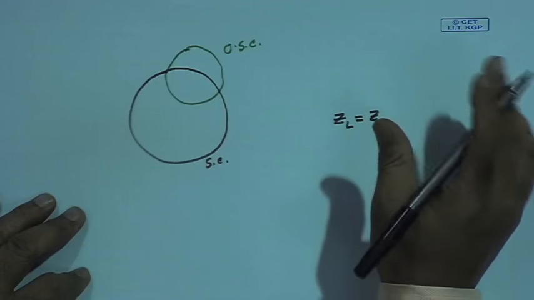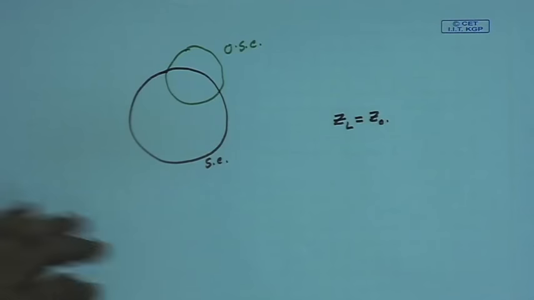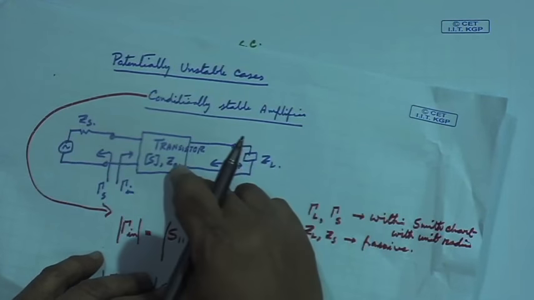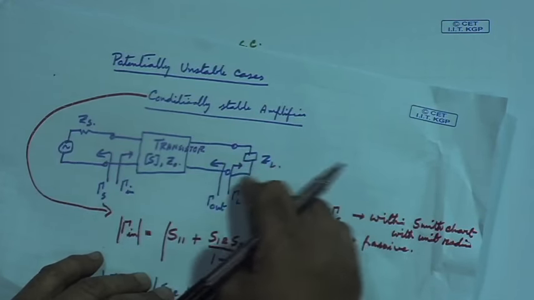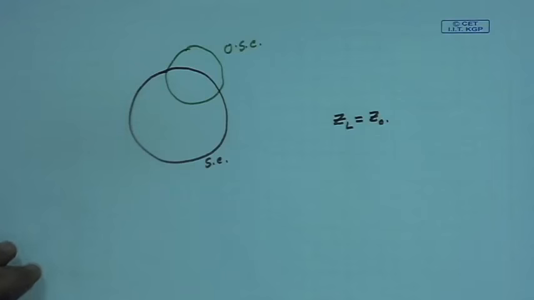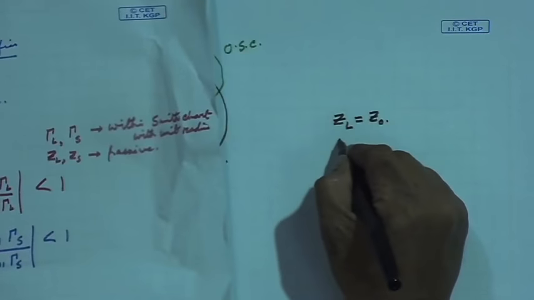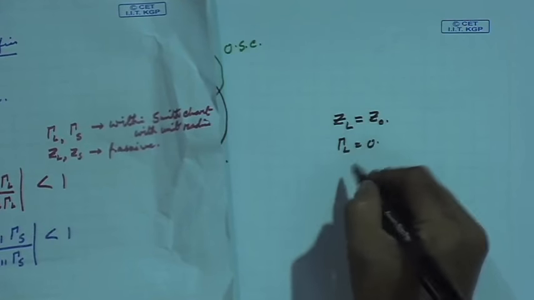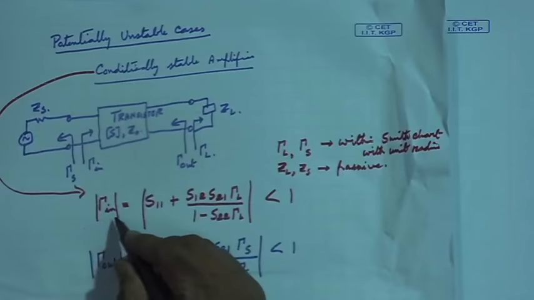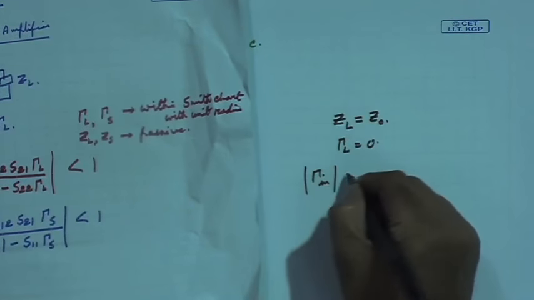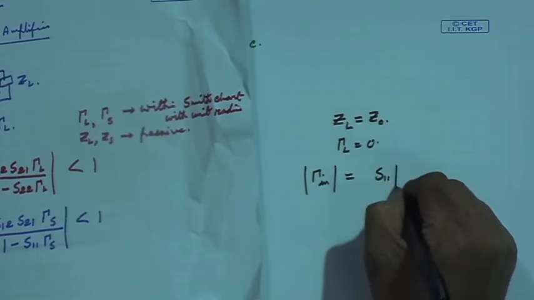That means I am choosing the load impedance the same as Z naught. If I do that, immediately I can see that gamma L will become 0. And then I can see from this expression that if gamma L is equal to 0, the magnitude of gamma in becomes the magnitude of S11.